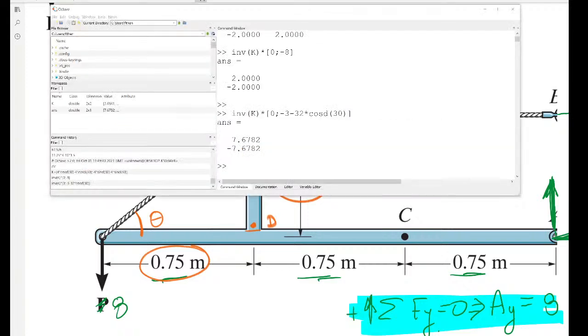Yes I do, I have Octave up. Okay. I believe, is it atan2?